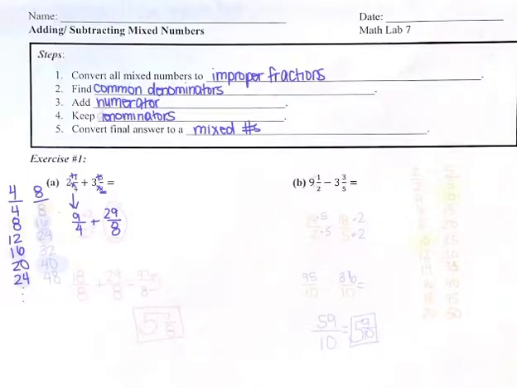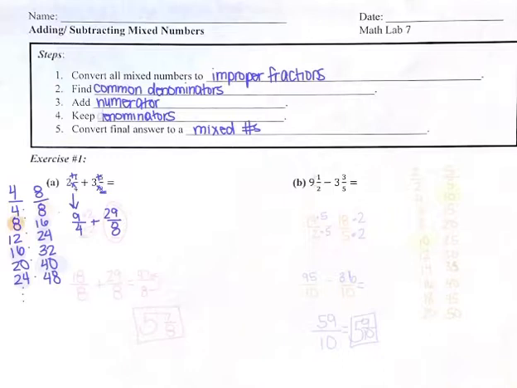To find the multiples, all you need to do is count by 4s going up. Let's list the multiples of 8, or count by 8s. So we have 8, 16, 24, 32, 40, 48.